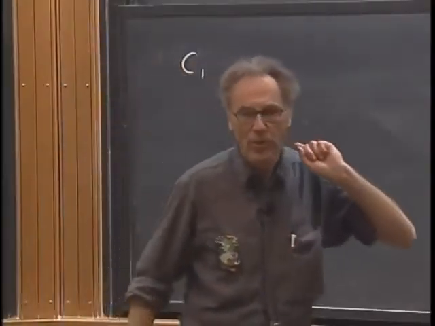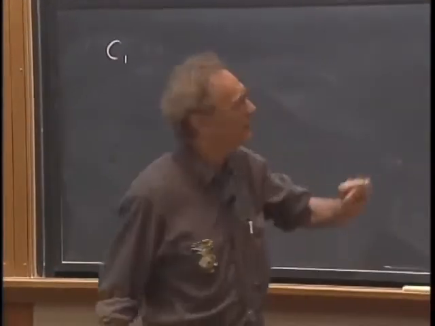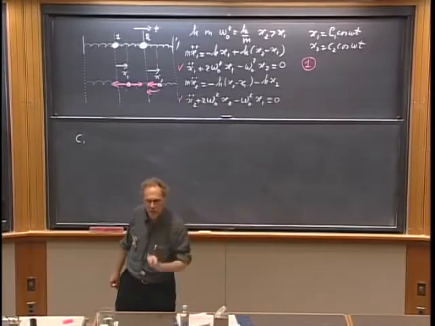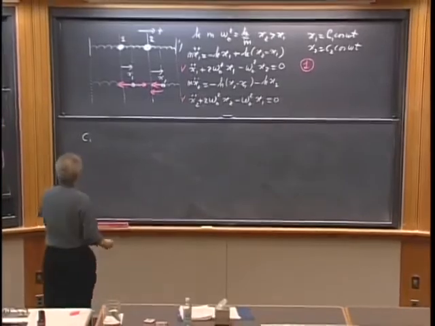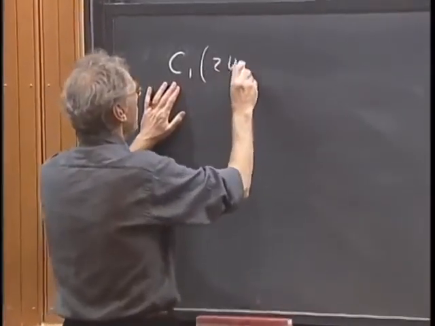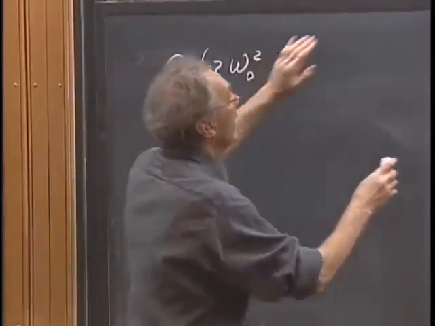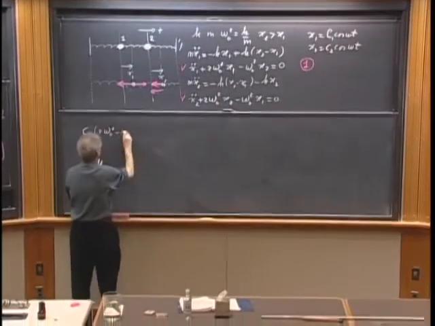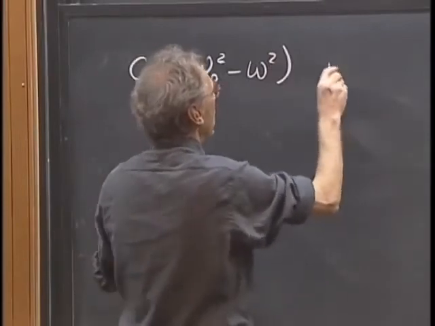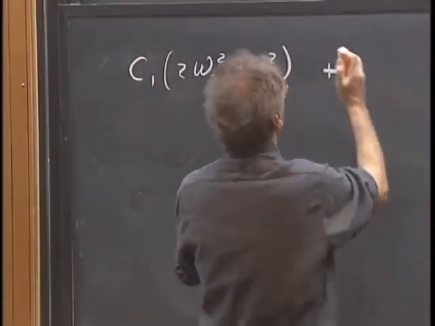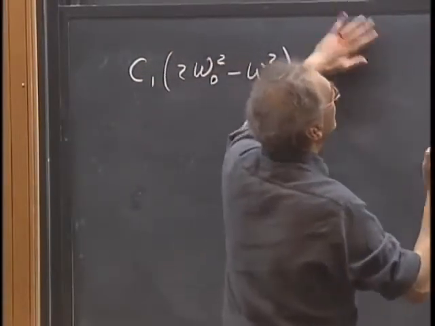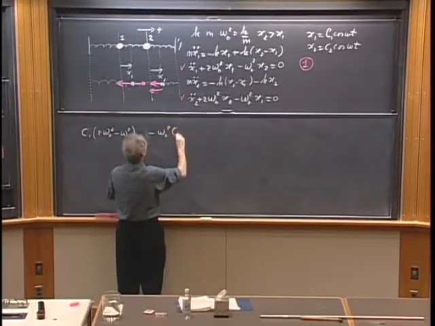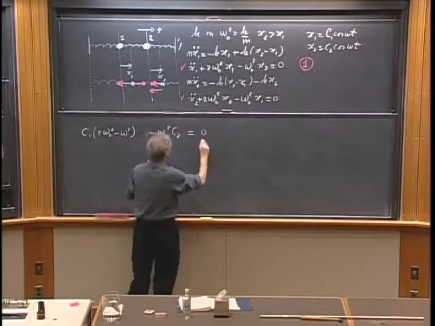Now x1 double dot gives me a minus omega squared, right? If I take cosine omega t and I do the second derivative, I get minus omega squared in front of it. So I get c1 times 2 omega 0 squared, that is that 2 omega 0 squared, and then I get minus omega squared. And then I get minus omega 0 squared times c2, and that equals 0.